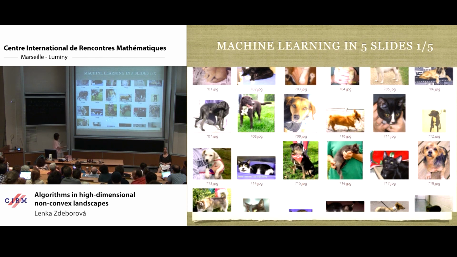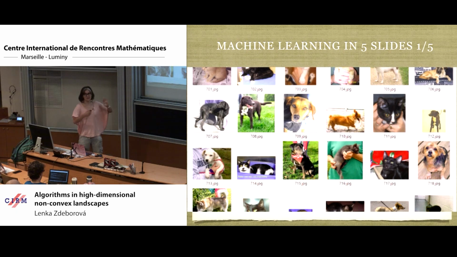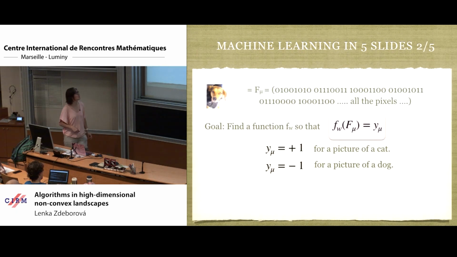The typical task of supervised learning is to classify pictures of cats from pictures of dogs. Every human and kid can do it. It's easy. What does it mean for a computer? How does a computer see a picture of a dog? It's this long sequence of 0s and 1s.